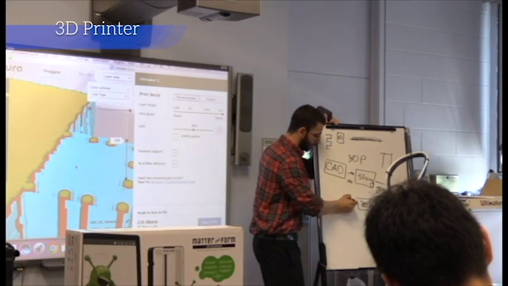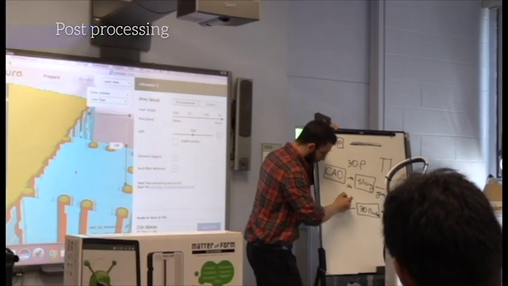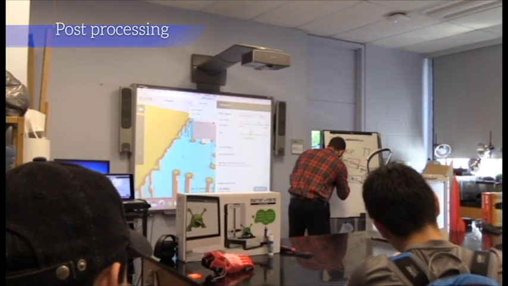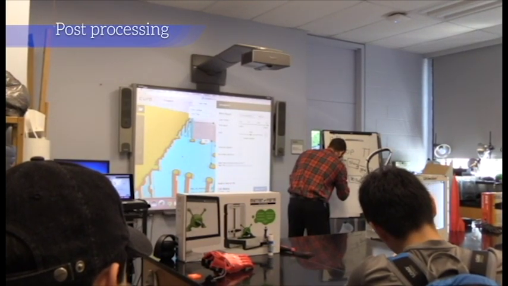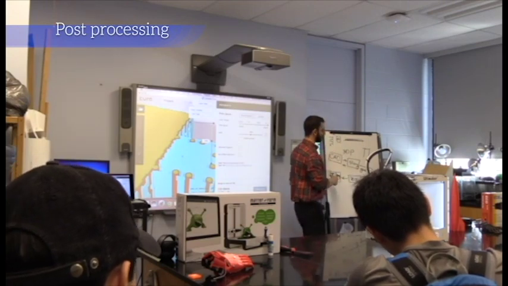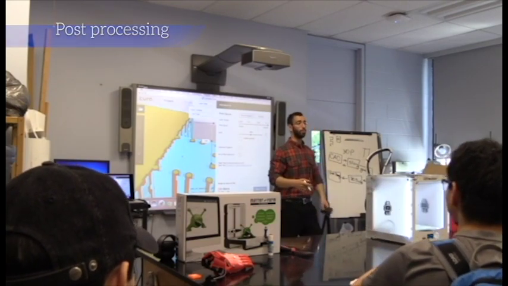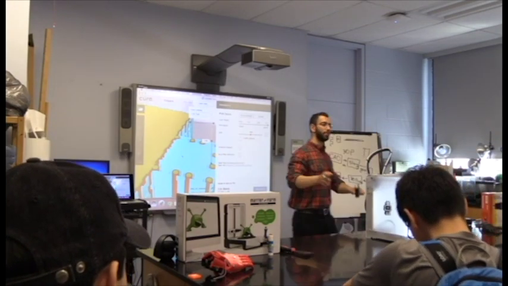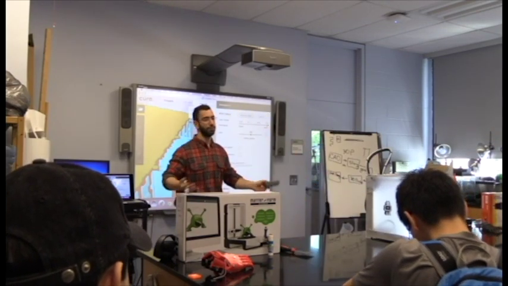After the 3D printer, you do post-processing. That's the last step. There are certain other steps to post-processing, and we'll cover that, but the main part is usually just removing support.